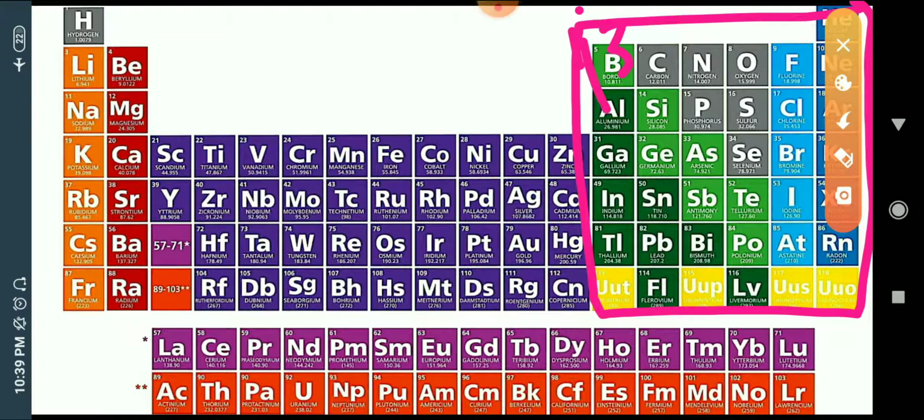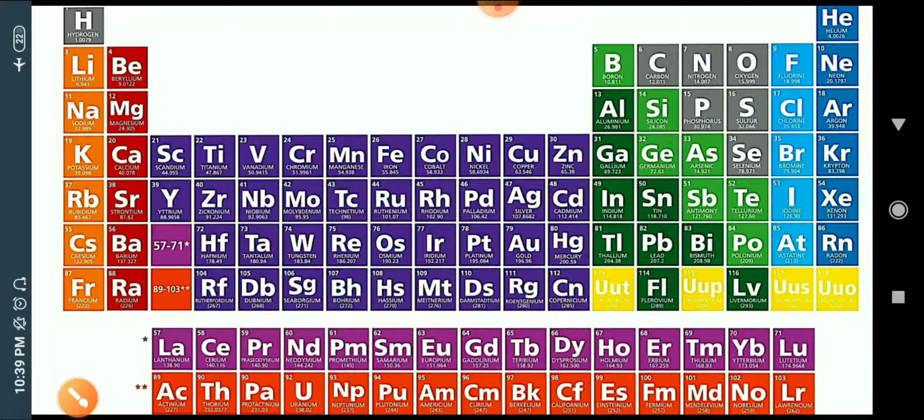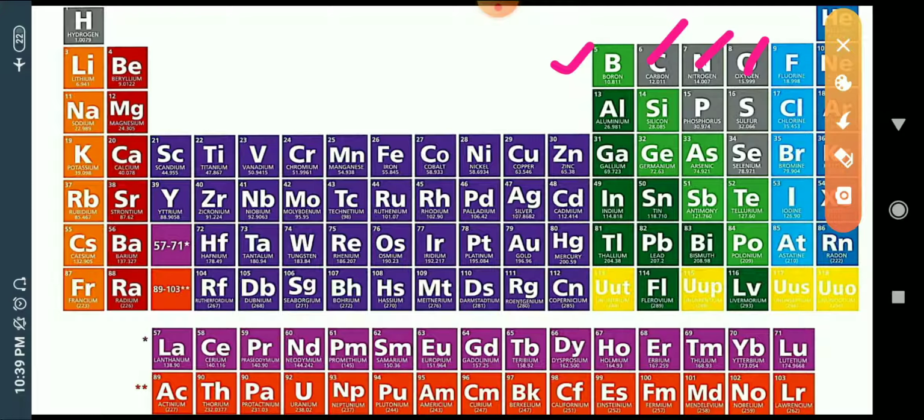It means the P block contains 13 group, 14 group, 15 group, 16 group, 17 group and 18 group. This is called the P block.